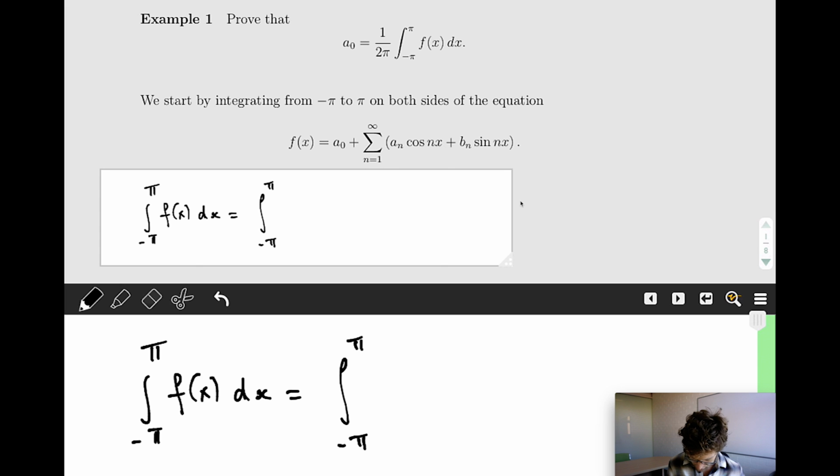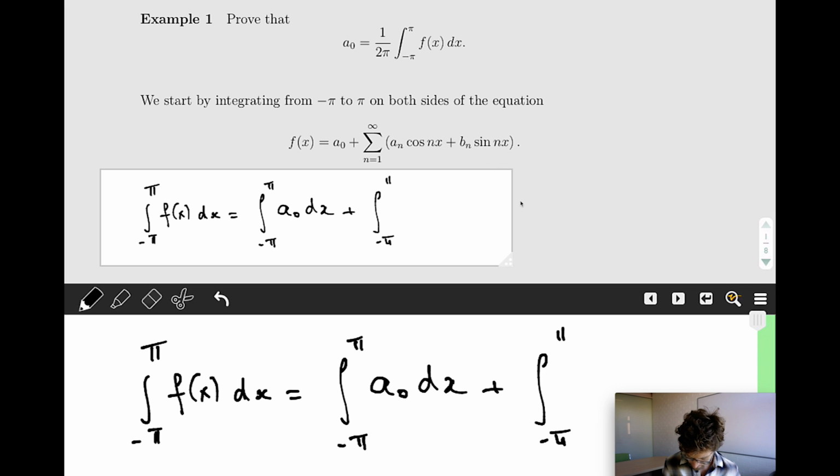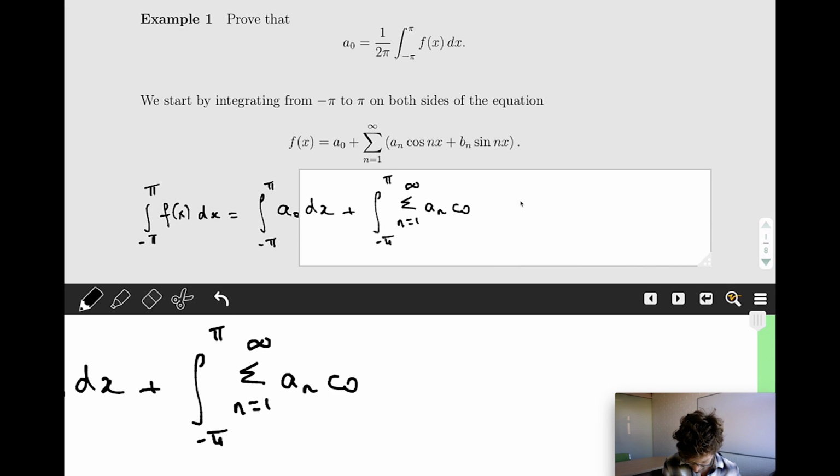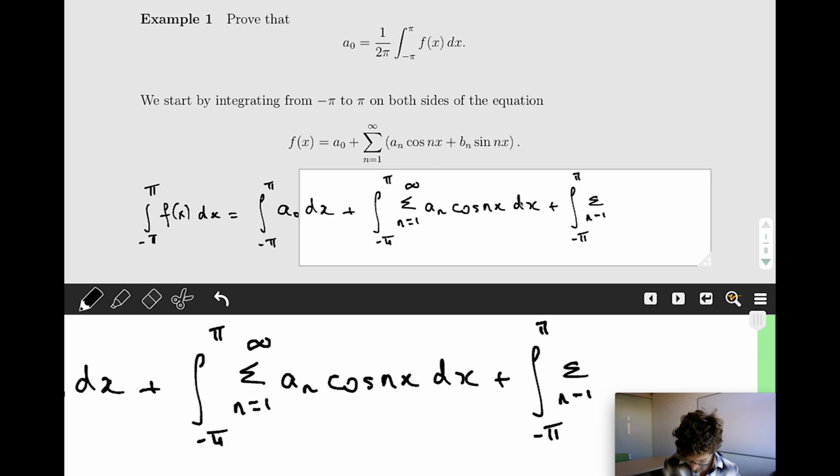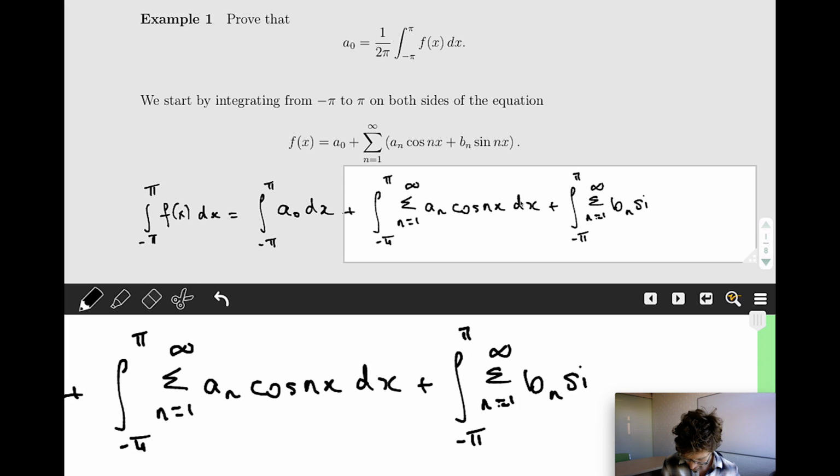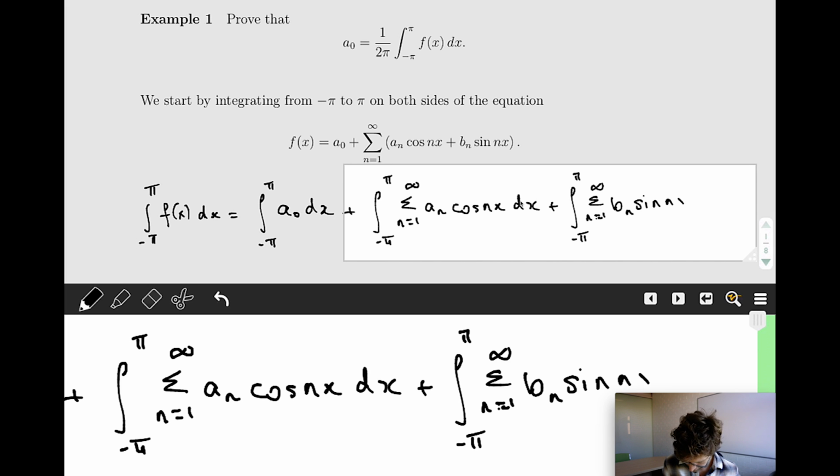So let's tackle each of these terms in turn. So I've got the integral of a0 dx, plus the integral from minus pi to pi of the sum from n equals 1 to infinity of an cosine nx dx, plus the integral from minus pi to pi of the sum from n equals 1 to infinity of bn sine nx dx.